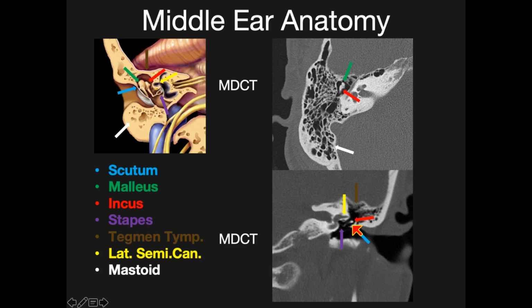So this is the pars flaccida type of cholesteatoma. It extends more in towards the attic. You can see the roof of the attic, which is the tegmen here, and very close to it is the lateral semicircular canal.